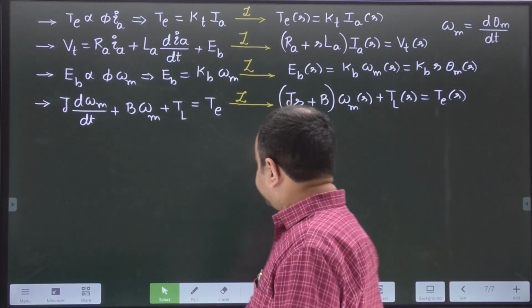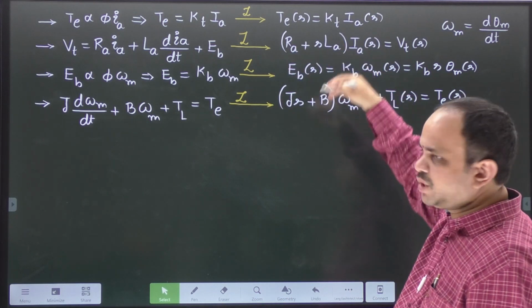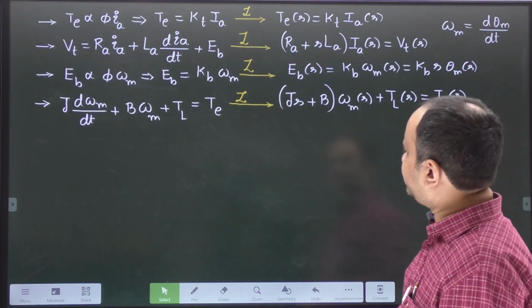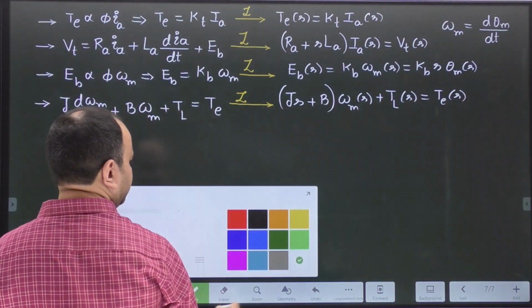Therefore, if you consider these 4 equations in the form of a diagram, how can we put it in the form of a diagram?